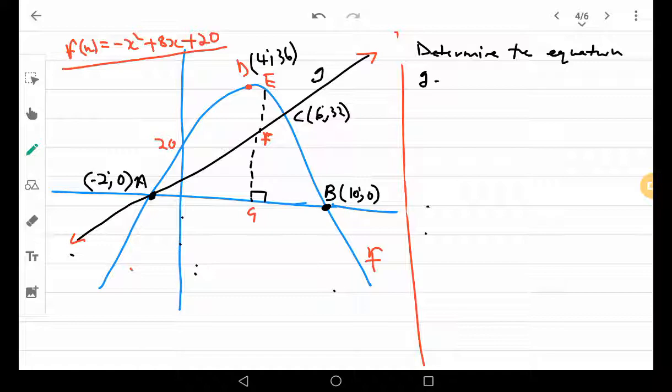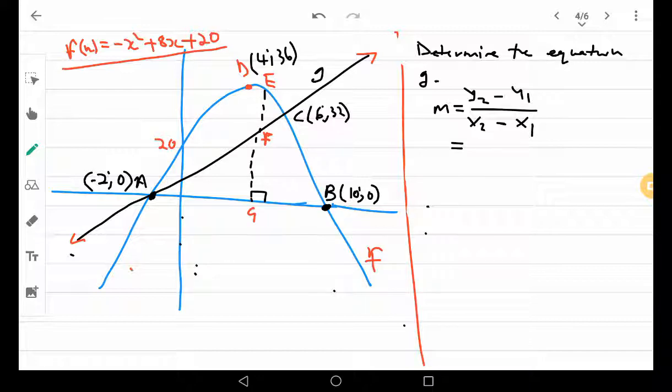So we're going to calculate the gradient, which is going to be what? Y2 minus y1 over x2 minus x1.